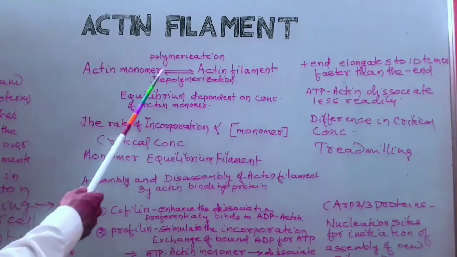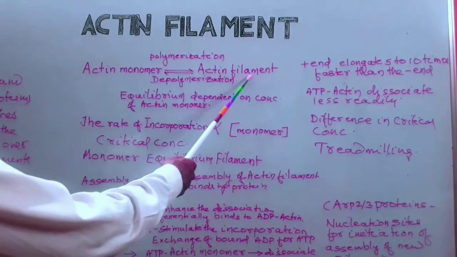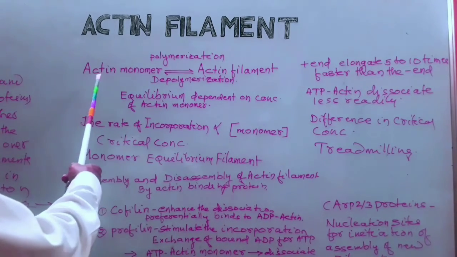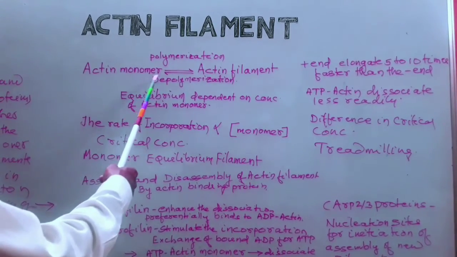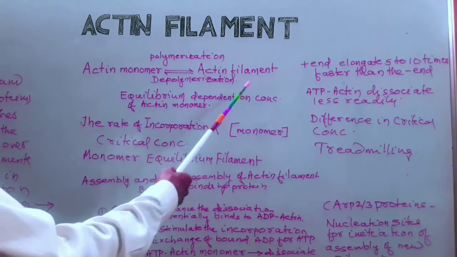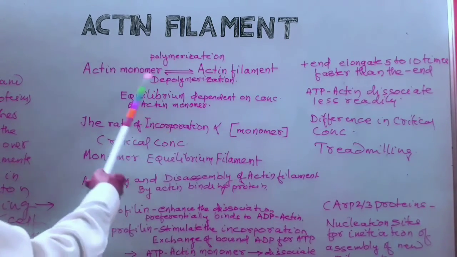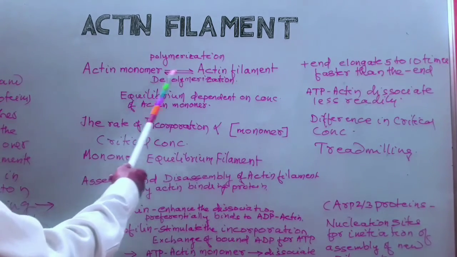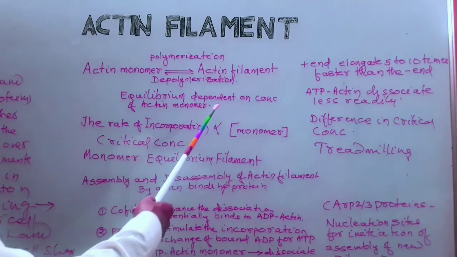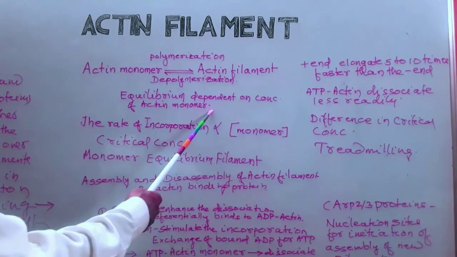Actin polymerization is a reversible process. So the actin filaments can be depolymerized by the dissociation of actin monomers. There is an apparent equilibrium between actin monomer and actin filament, and this equilibrium is dependent on the concentration of actin monomer.